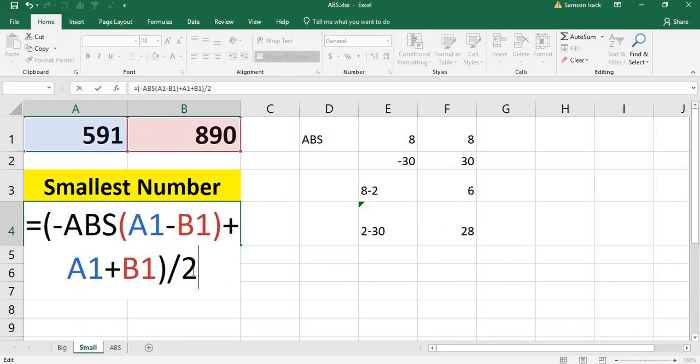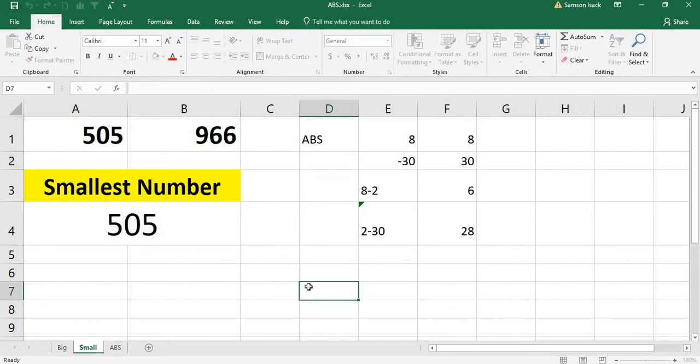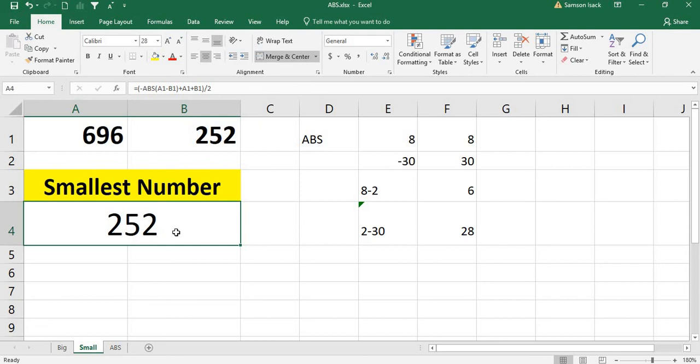So this is the sum minus the difference, A1 comma B1. Enter. I get 505, which is the smallest of these two numbers. Let's check. A is smaller, so it comes 505. Now B is smaller, 252 also shows it is the smallest number.